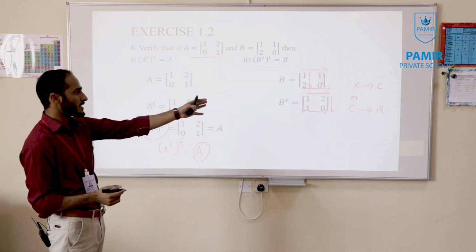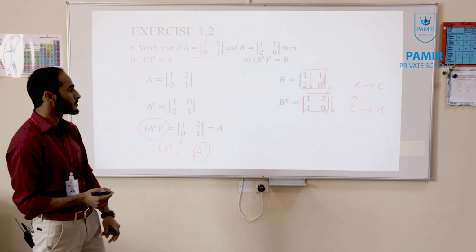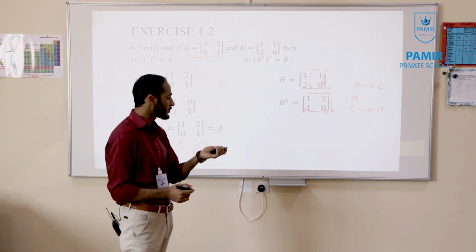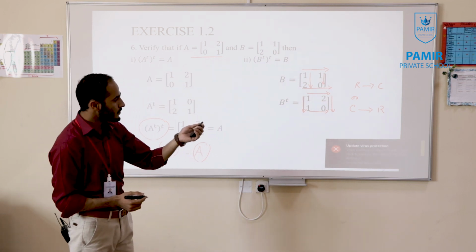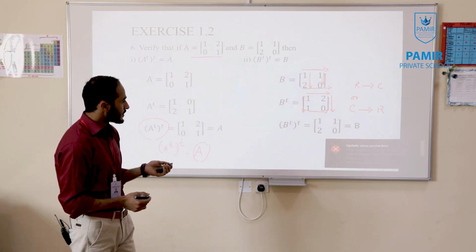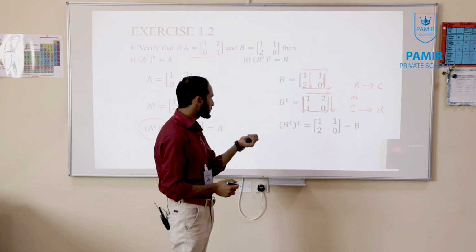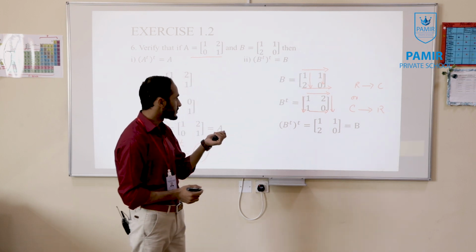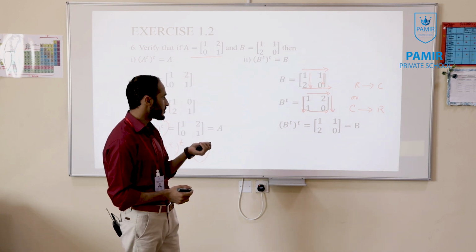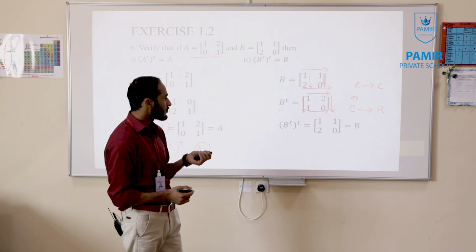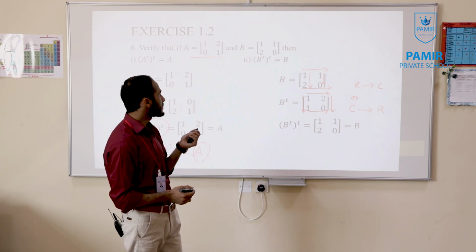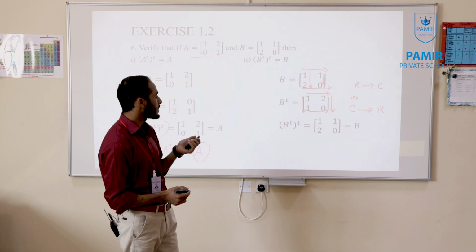So that is basically the background of the transpose of the matrix. Now the second, we will take the transpose of matrix B and then the transpose again, which gives 1 1 2 and 0, which is similar to the matrix B we have.